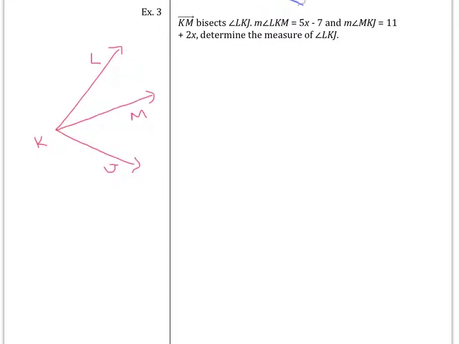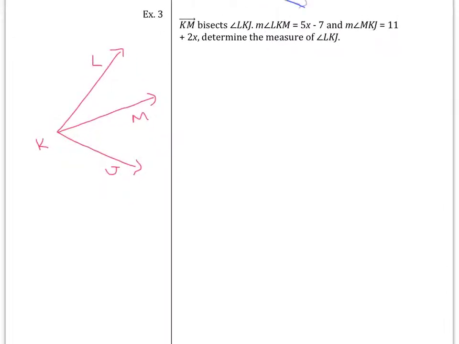This says that KM bisects angle LKJ. So this is KM and this is angle LKJ. Once you see bisects, that means it's going to cut it in half, so these two angles are equal.